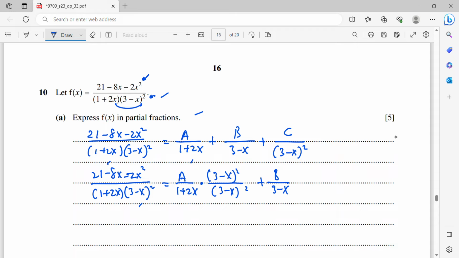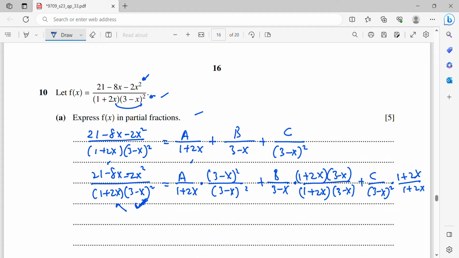Now I have 3 minus x, but this is degree 1, which means that I need to multiply another degree 1 for the first term and degree 1 for the second term. So 1 plus 2x multiplied with 3 minus x over 1 plus 2x multiplied with 3 minus x, plus c over 3 minus x squared. So I have this squared, which means you need to multiply with another linear factor. So 1 plus 2x over 1 plus 2x.